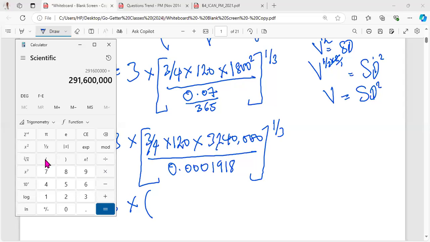Let me open this bracket. 0.07 divided by 365. I will close the bracket. You see, I have achieved that same thing I want to do. And I'll just say equal to. So this is the whole thing here.